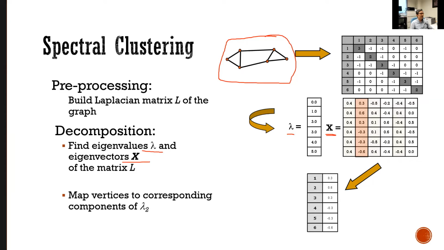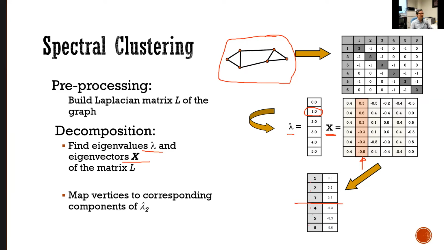Then you find the second smallest eigenvalue and its corresponding eigenvector, and use this to separate the data points into subgroups.